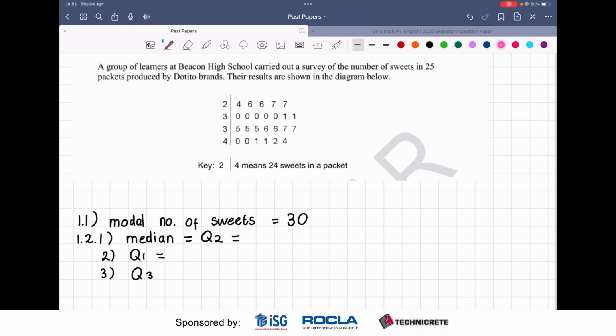So I'm going to start with, I'm just going to be crossing out the numbers starting from the highest number and the lowest number and find where I meet in the middle. Right, so my median is 35.